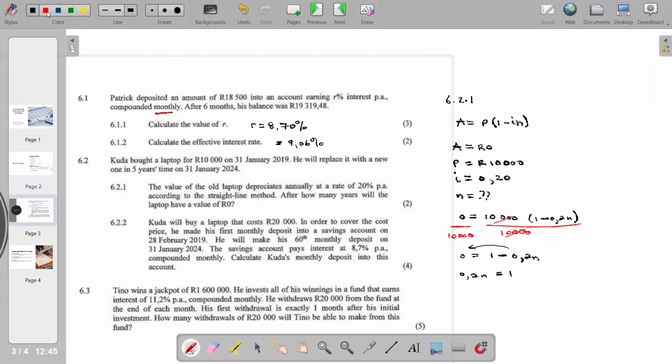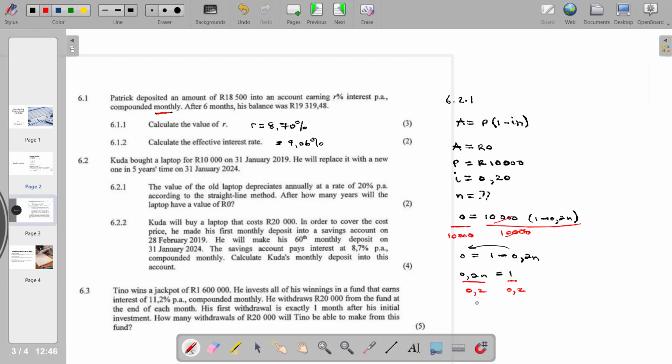Dividing both sides by 0.2, it therefore means that n will be equal to 1 over 0.2. Simplifying that, you get our n being equal to 5.